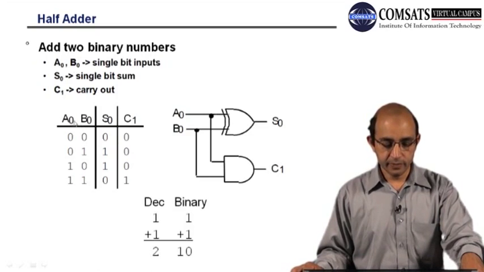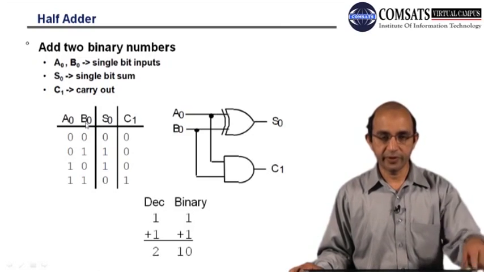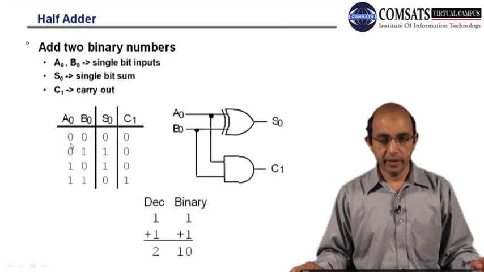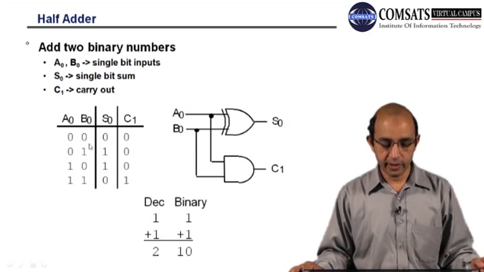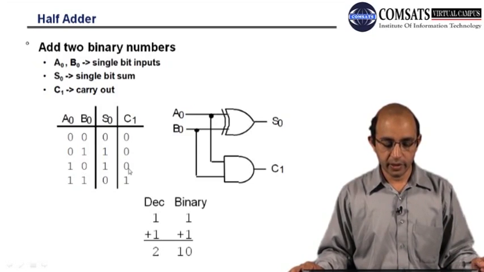Two bits, and you know that we can have four different combinations: 00, 01, 10, 11. If we talk about the sum, we all know that for 00 the sum is 0 and carry is 0, for 01 sum is 1 and carry is 0, for 10 sum is 1 and carry is 0.